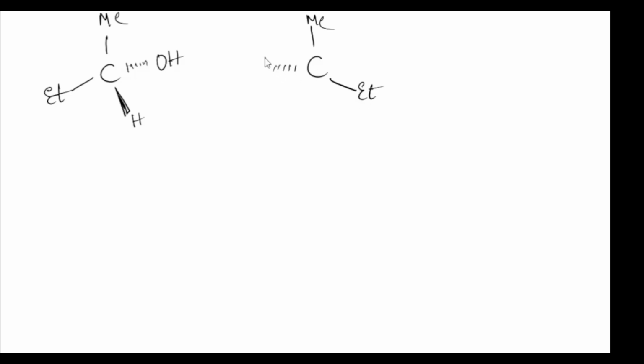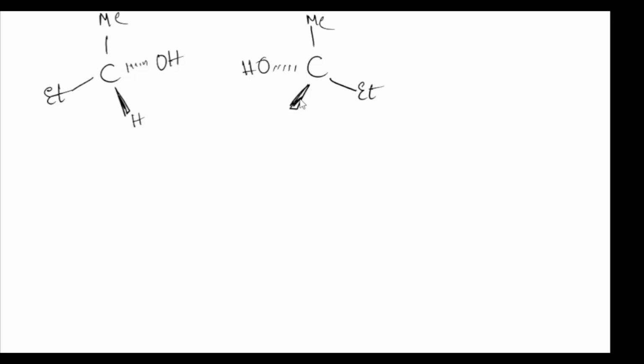Here the carbon is there, and here methyl, and here ethyl group, here H is in front towards the observer, and here I can write it away from the observer, and here OH like this. And the other molecule we will get is the exact mirror image of this.